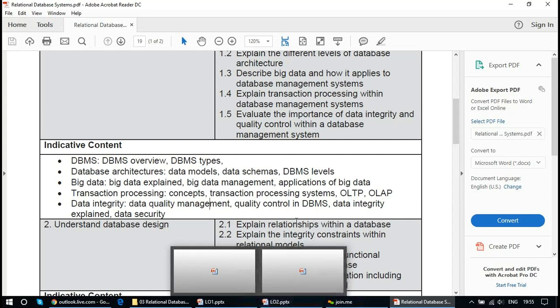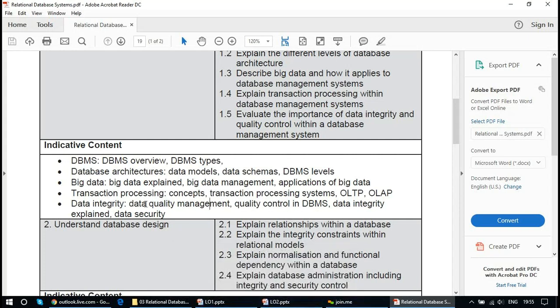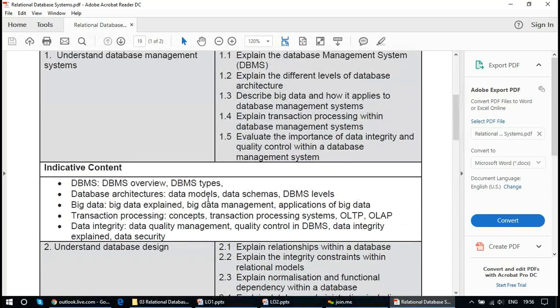Let me quickly go to the next unit, sorry, the learning outcome 2. If you have a look at data integrity, it talks about the data quality and quality control in the database management system, data integrity explained, and data security.